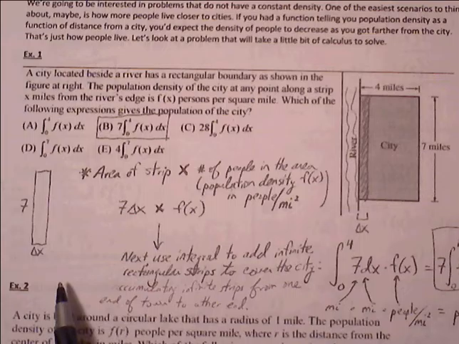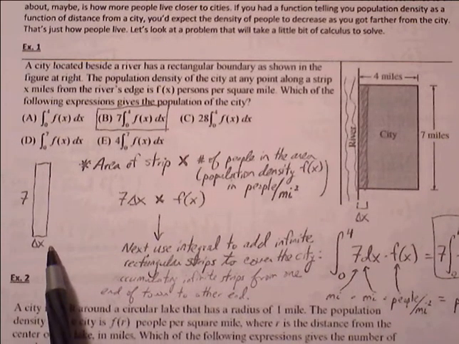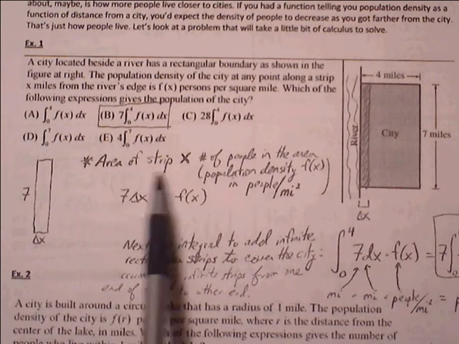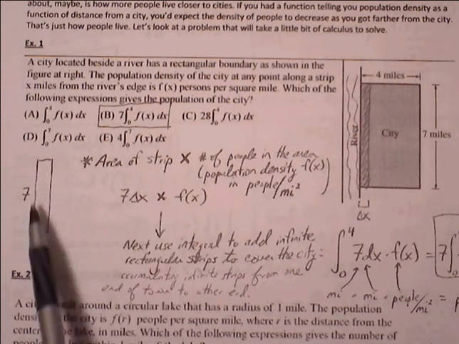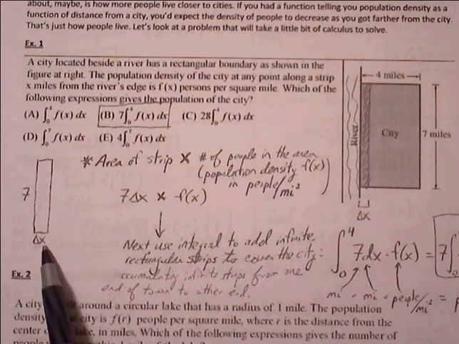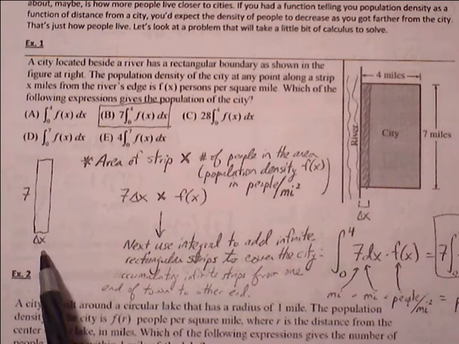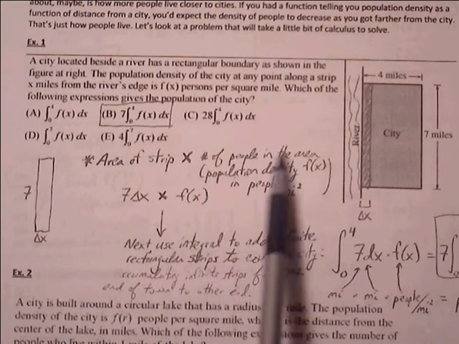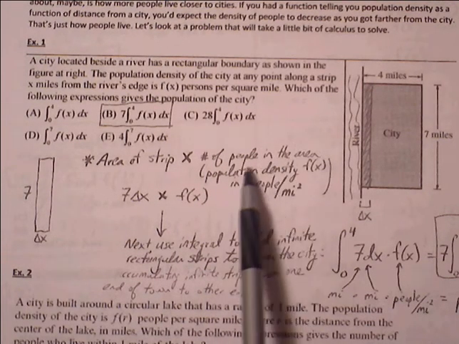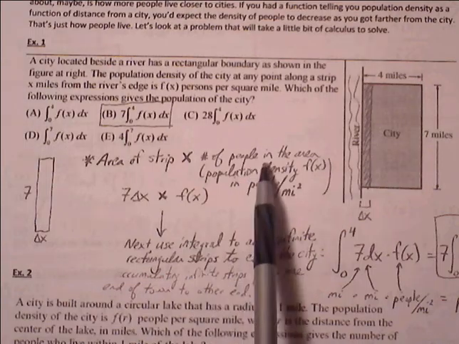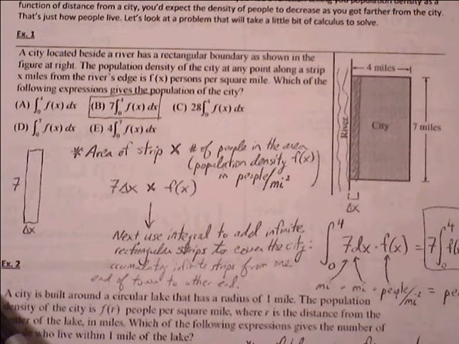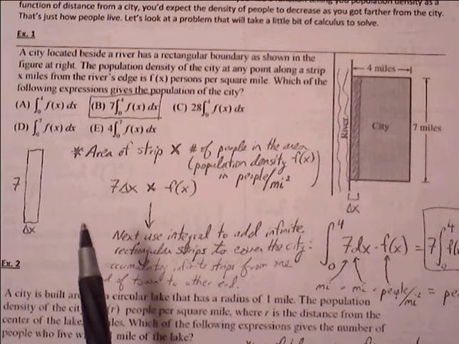So delta x represents the width of this particular strip of land. The area of the strip is 7 times delta x, multiplied by the number of people in the area. So we multiply by f of x, which is the population density in people per square mile.